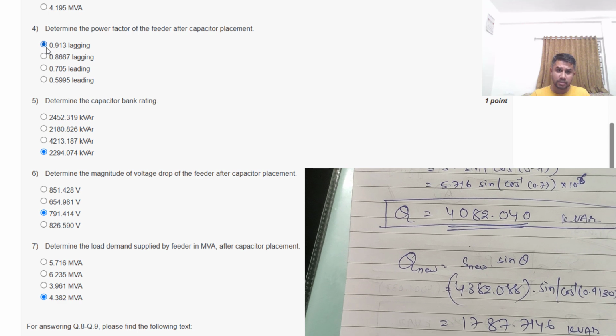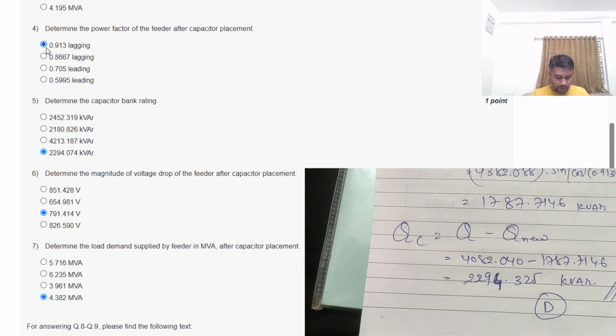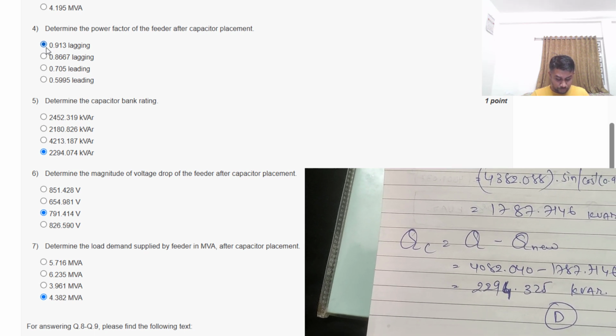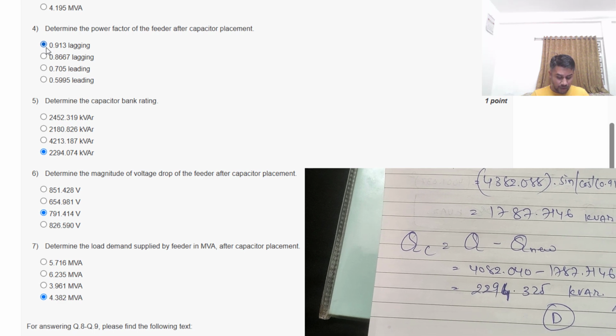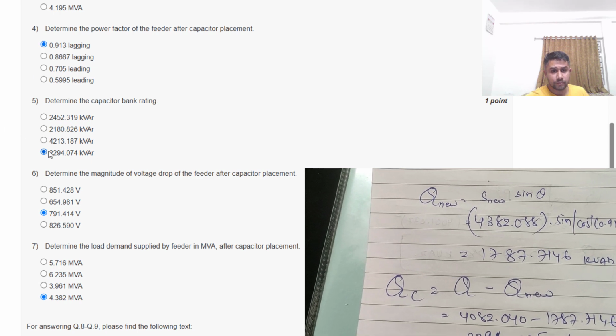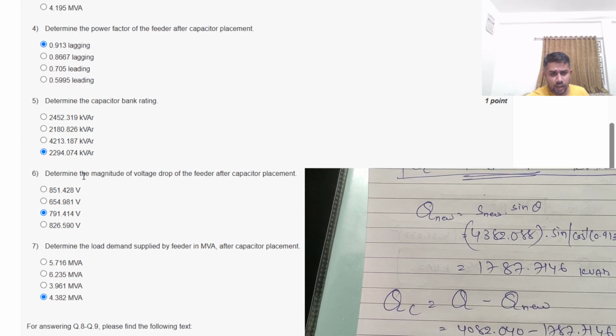This is after the placement of capacitors. So the actual capacitor bank size is QC equals Q minus Q new, which gives the answer 2294.325 kVAR. So the answer is D, 2294.074 kVAR.